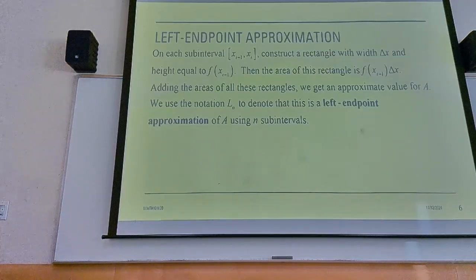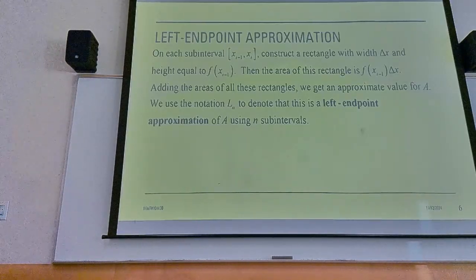So you use the left endpoint of the subinterval to determine the height of the rectangle. The area of this rectangle is f of x sub i minus 1 times delta x. If you add up all those areas, we get an approximation for the total area.